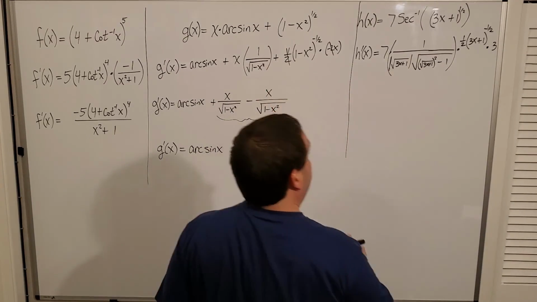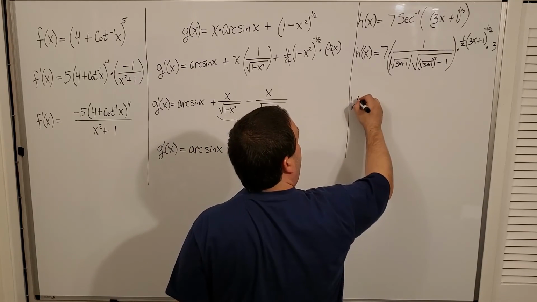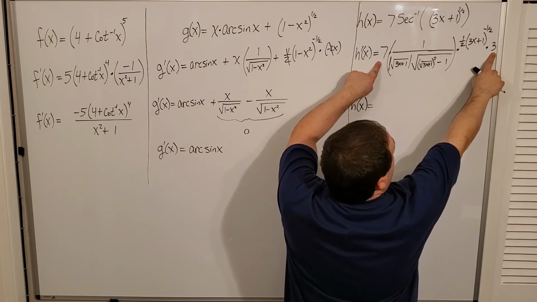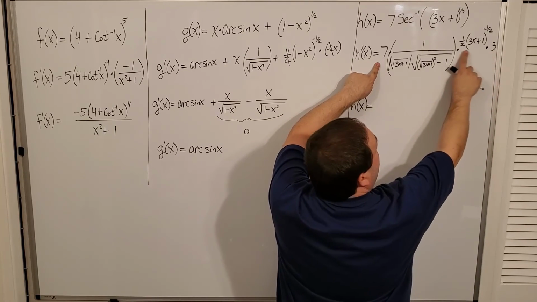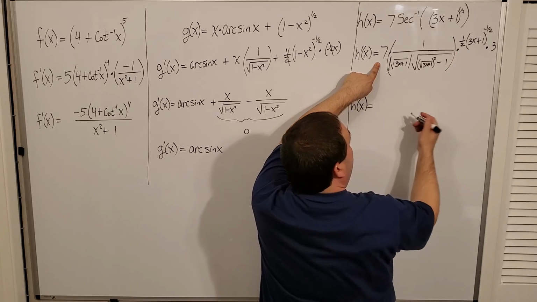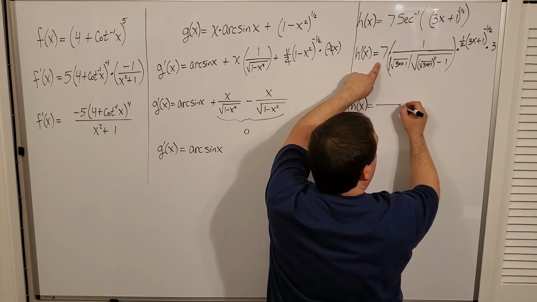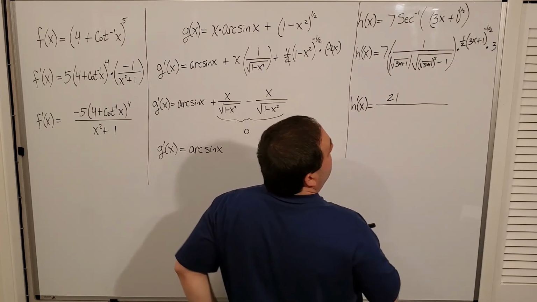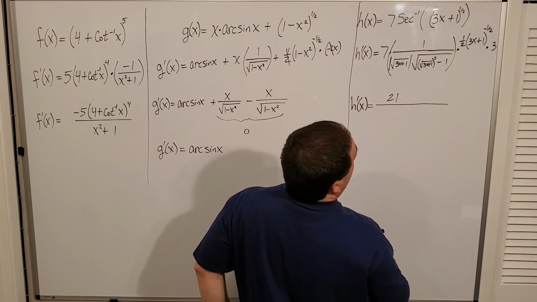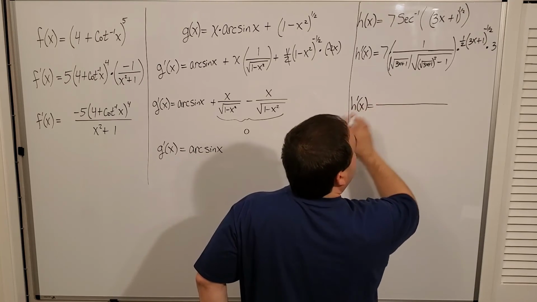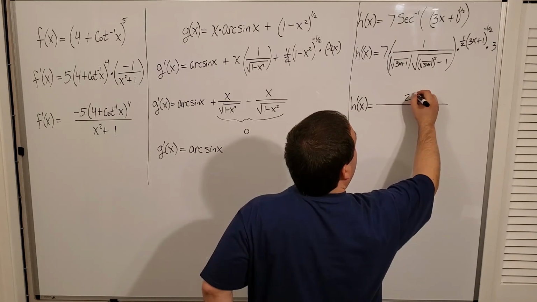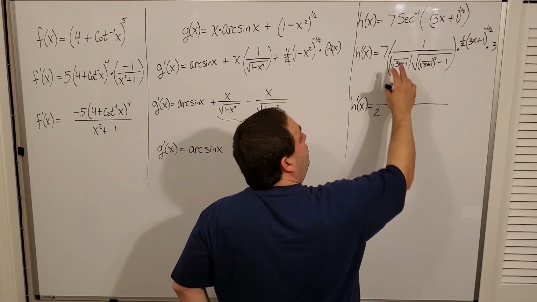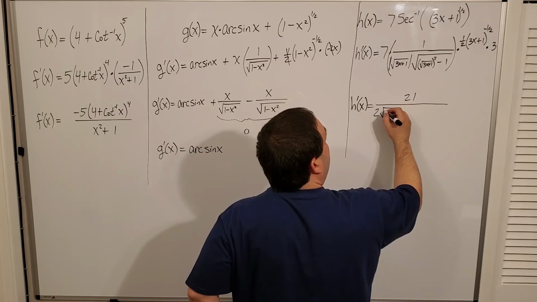Let's regroup. I've got h prime of x here is going to be equal to, I've got 21 on the top, and I'm going to have just a free-floating 2 on the bottom, right? So here we go, big old fraction here. I've got a 21 up top, and that might actually be the only thing up top. Looks like it. And I've got a free-floating 2 on the bottom. The absolute value of that square root is just that square root again.